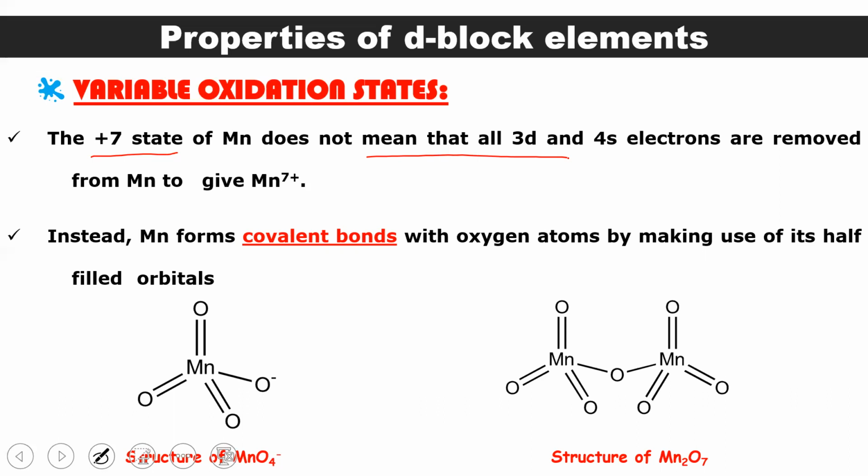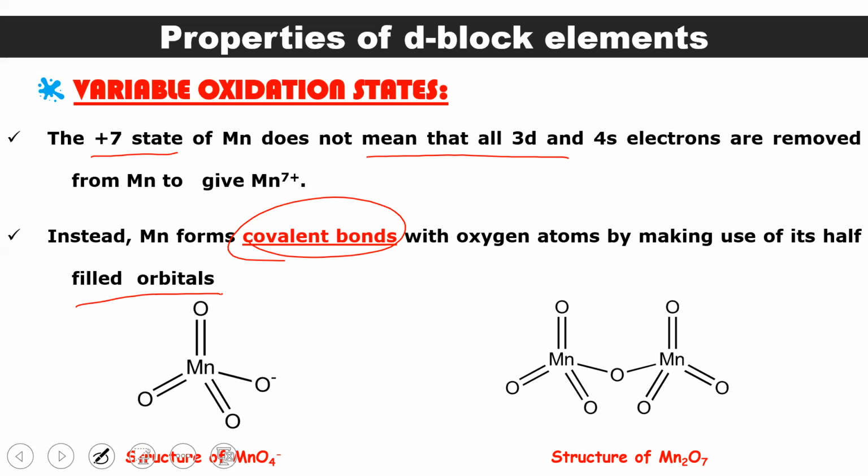Instead of that, manganese forms covalent bonds with the oxygen atoms by making use of its vacant orbitals. This way, manganese will show the +7 oxidation state instead of removing all the electrons present in the d and s orbitals.